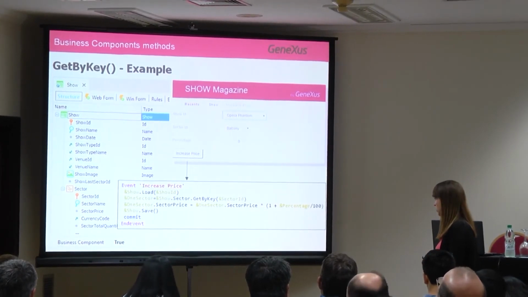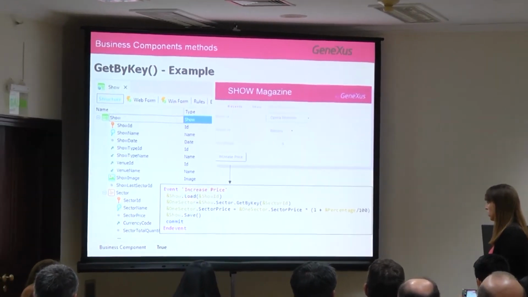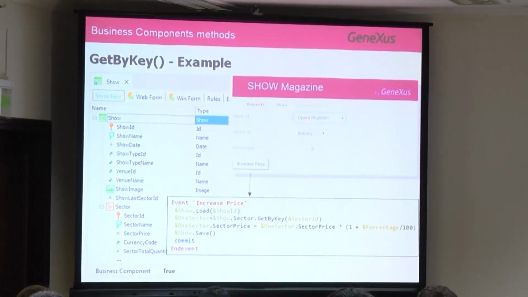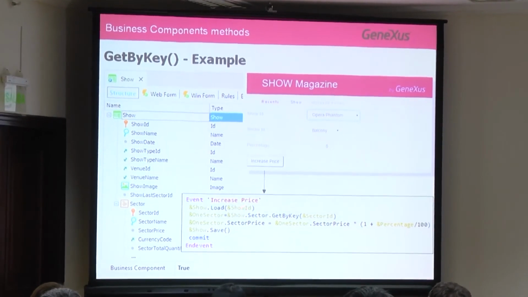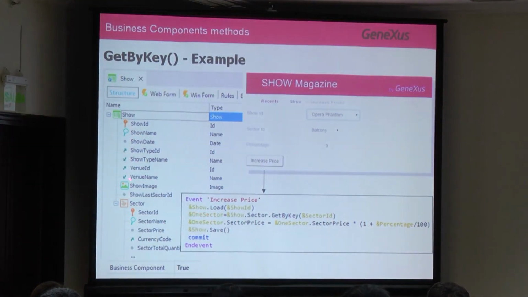The code, with a variable, which is business component show, loads the show ID. I have loaded the whole structure, and once I have the structure, I'm going to obtain a line of this kind.